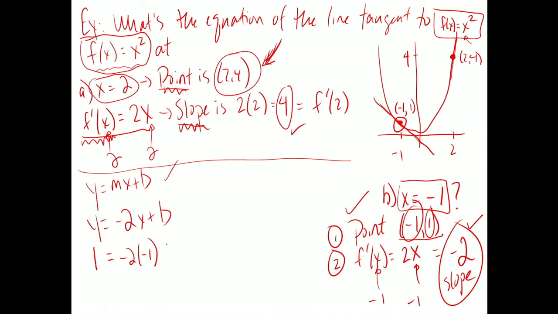Okay, so I can use this now to solve for b. This looks like 2 on the right here. And so when I subtract 2 over there, I get -1 for b. So I put that together with my first fill in, and I think that's my answer.